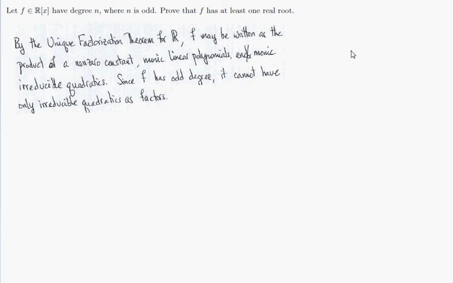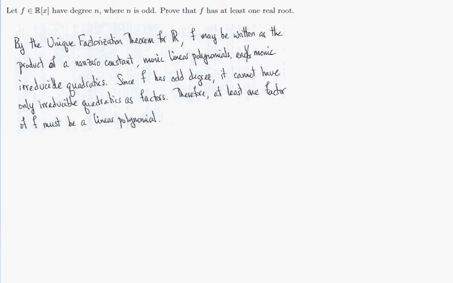then the leading term would have x to some even number, where the even number is 2 times the number of polynomials. Well, that can't happen because f is odd. And because that cannot happen, that means at least one factor of f must be a linear polynomial.